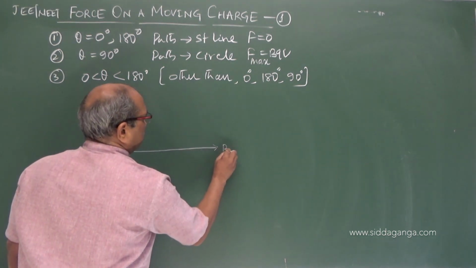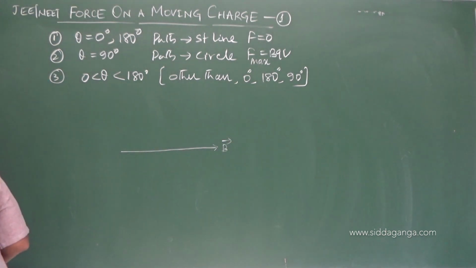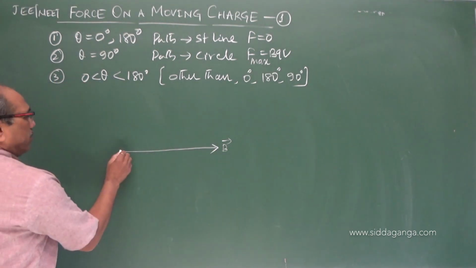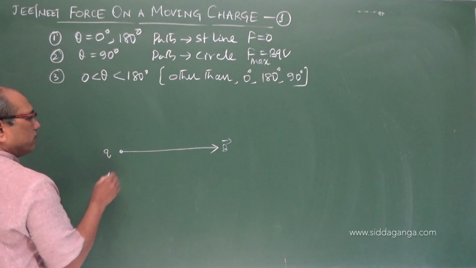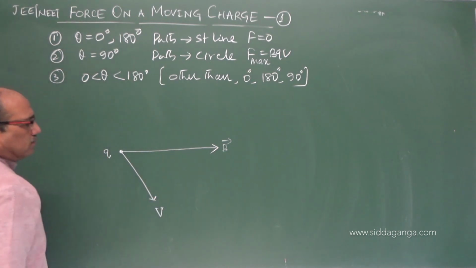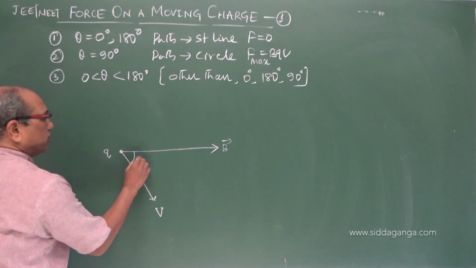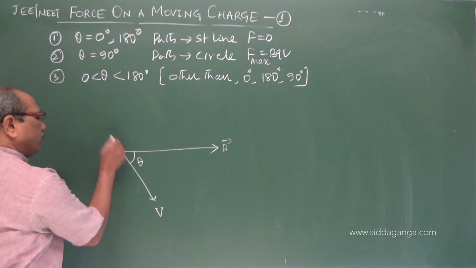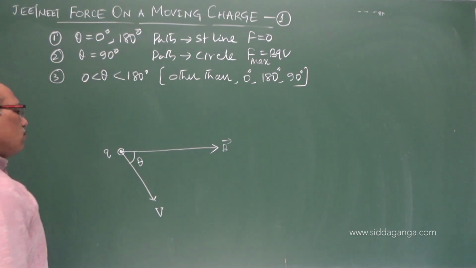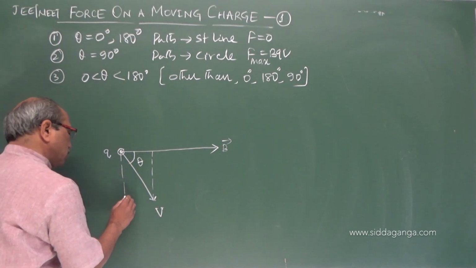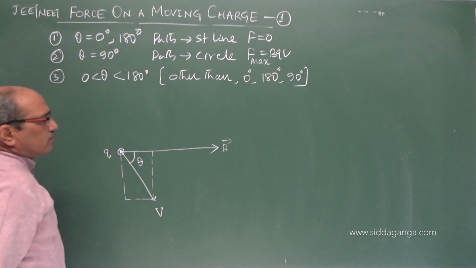Here we have taken B along the horizontal path. Now the charge Q enters with a velocity V, making an angle theta with respect to the magnetic field. I can resolve this velocity into two components.